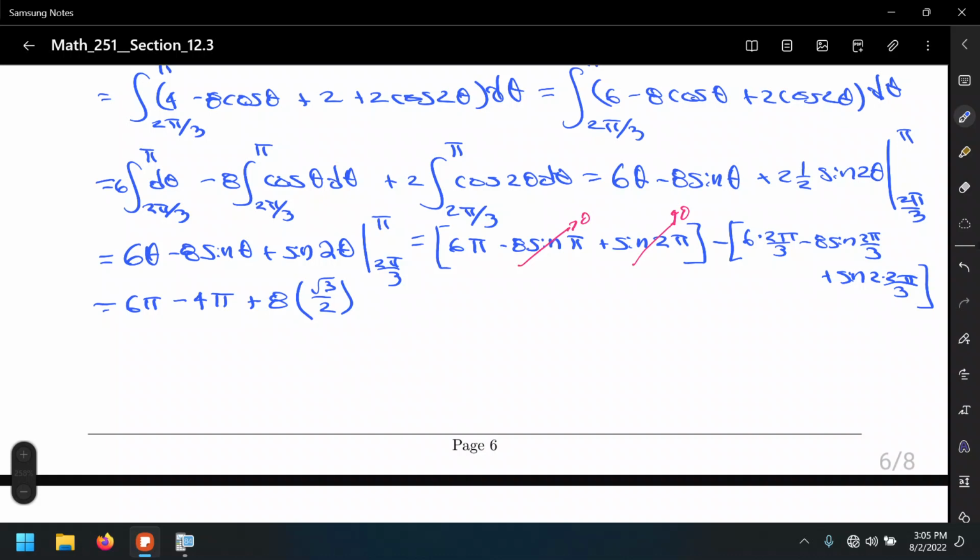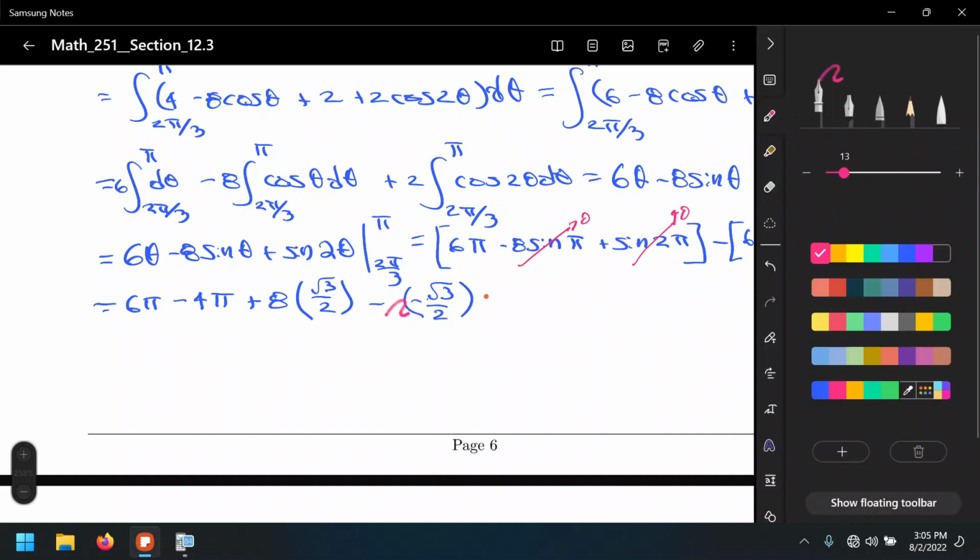And negative times a positive, that's going to be negative, sine of 4 pi over 3. Sine of 4 pi over 3 is, be careful, negative root of 3 over 2. So we're subtracting the quantity, and we're also getting a negative quantity out of evaluating the trigonometric function. So be careful with the signs right here. So minus becomes a plus. All right?